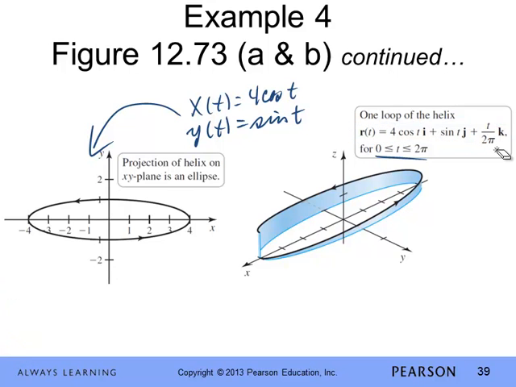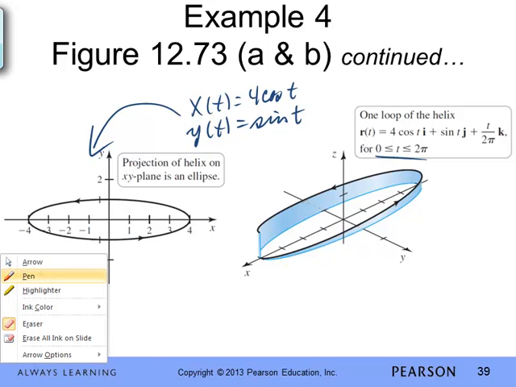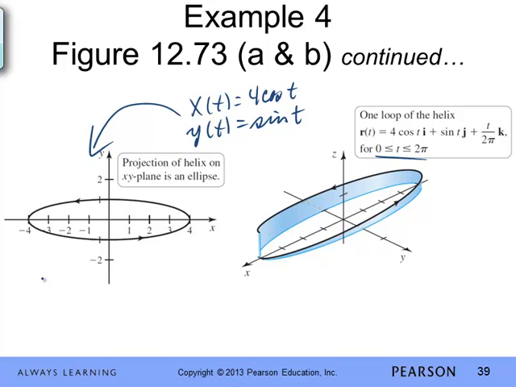Now, if we just temporarily let t go from 0 to 2 pi for that entire space curve, then the z component is going to go from 0 to 1, because t goes from 0 to 2 pi.